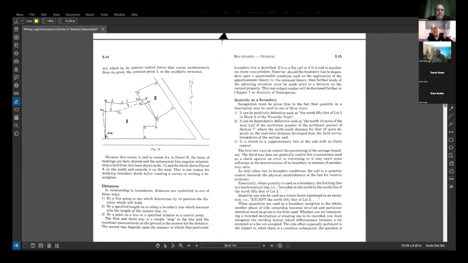I find that completely contrary to what the courts have said about the basis of bearings, or the meaning of a term, being consistent throughout its usage. So that's one point right there.